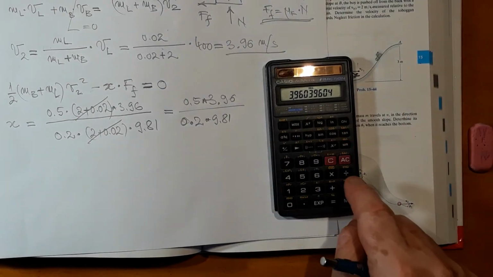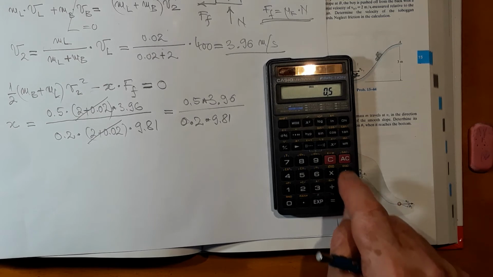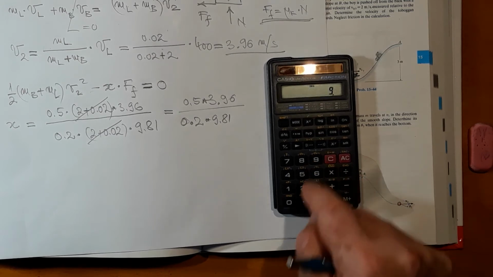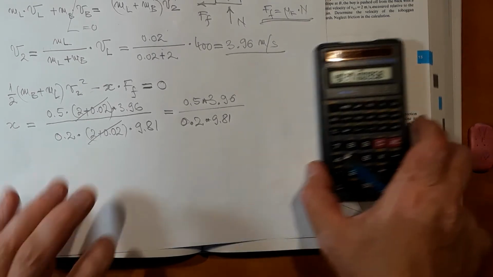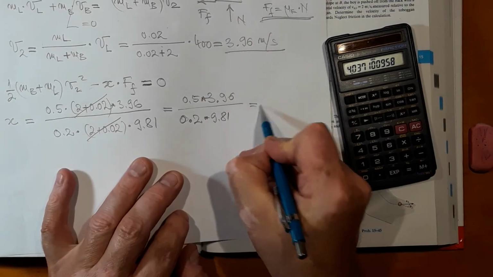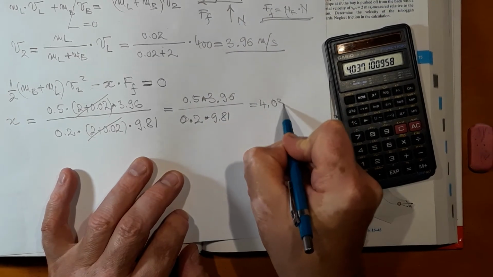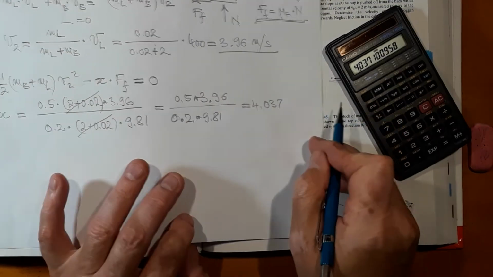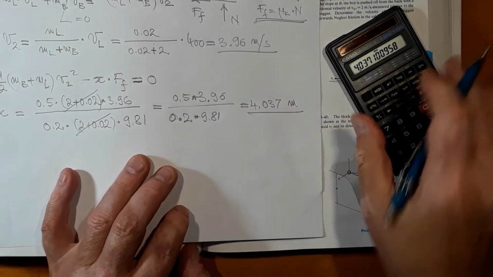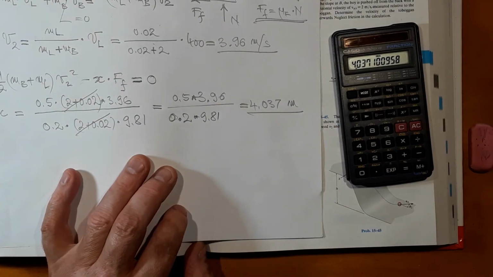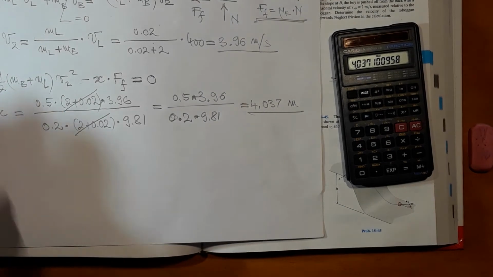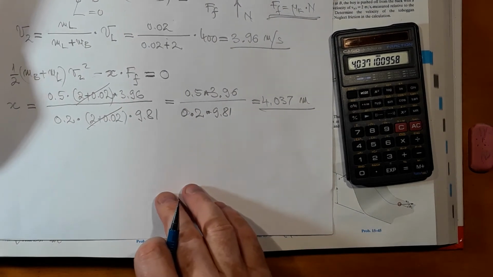All right, so times 0.5 over 0.2 over 9.81 equals 4.037 meters. Okay, so this was one approach.